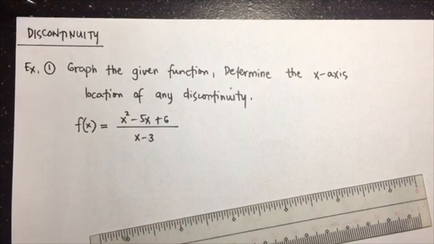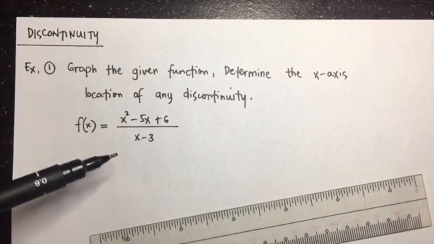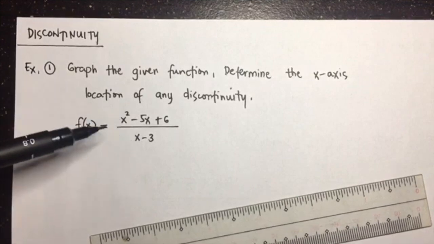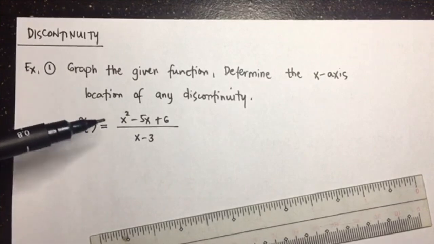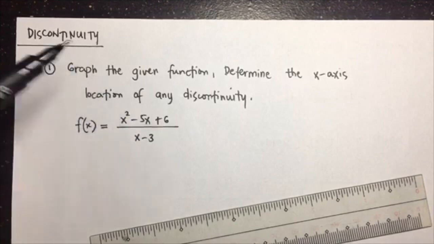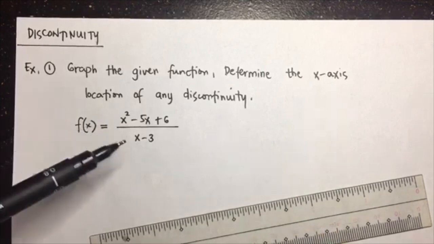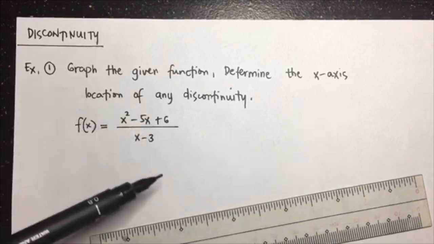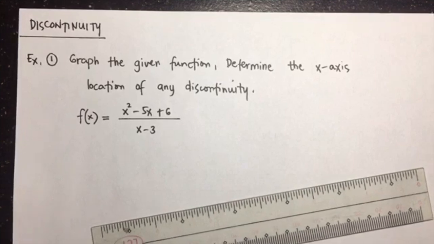So we know that discontinuity of a function happens when we have a point that is indeterminate. Particularly, a value of x that will give our function an undetermined value. Okay, so we have an example.